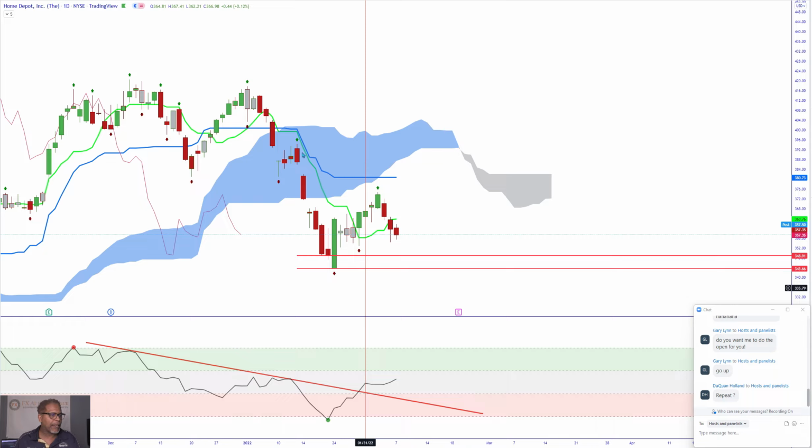Now, the last thing is, we may be seeing a reversal, and the reversal is like this. So then we would see where the market's going. So what it would be doing now is basically, let's put some fibs on here real quick.